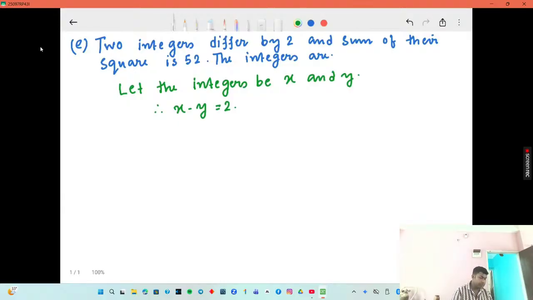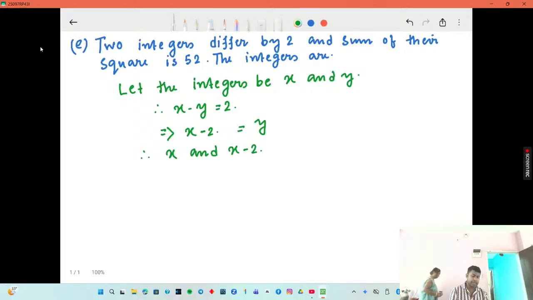Okay, so now we will find the value of y from this equation, and the value of y is equal to x minus 2. Is it clear? Therefore, the integers are x and x minus 2.